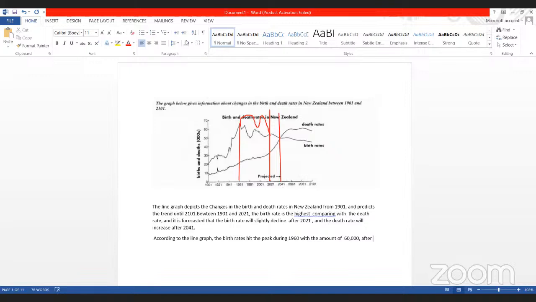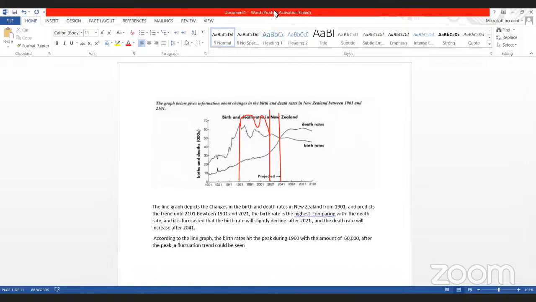After the peak, a fluctuation trend could be seen.